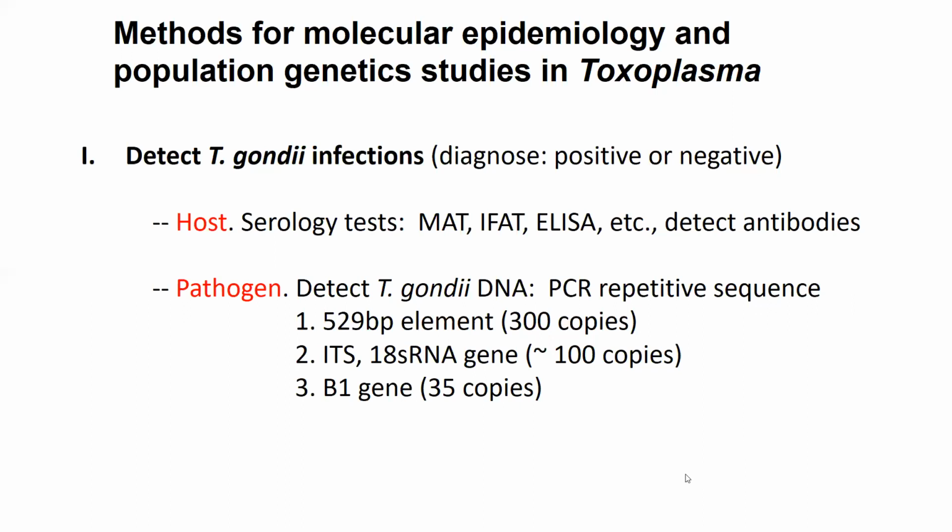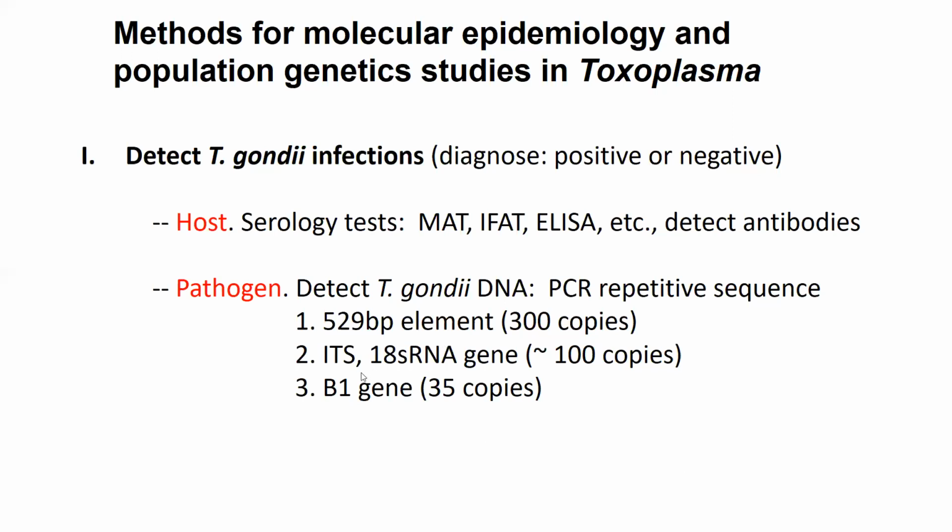In order to detect Toxoplasma, you want to have a highly sensitive PCR test. For this reason, often you target repetitive sequences. For example, in Toxoplasma, there's the so-called 529 bp element, which has about 300 copies.